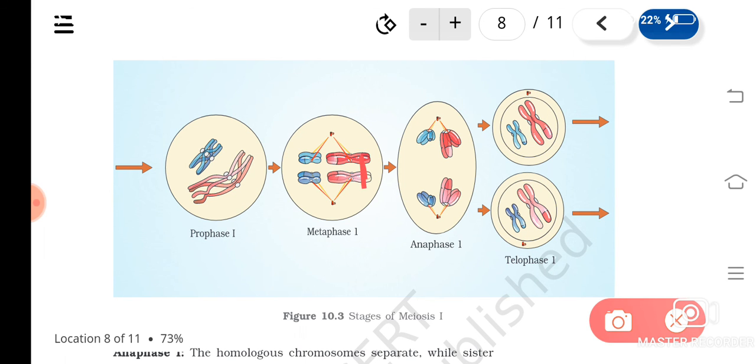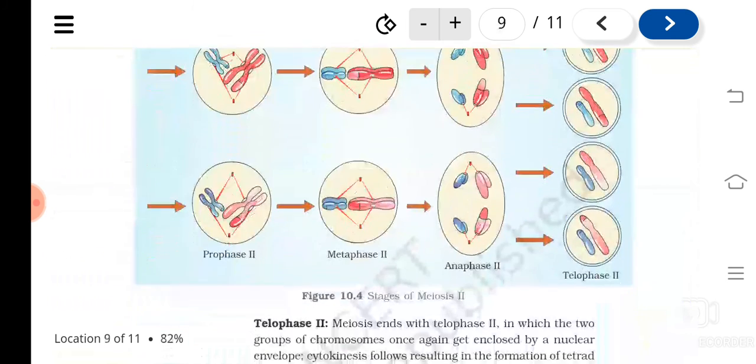Between these two chromosomes there is exchange of fragments, and you can see the light pink one getting a small part of the dark one, and the dark one getting a small part of the light. Like this, exchange of material takes place, resulting in variation, and variation is very important for evolution. So this is the significance of meiosis.